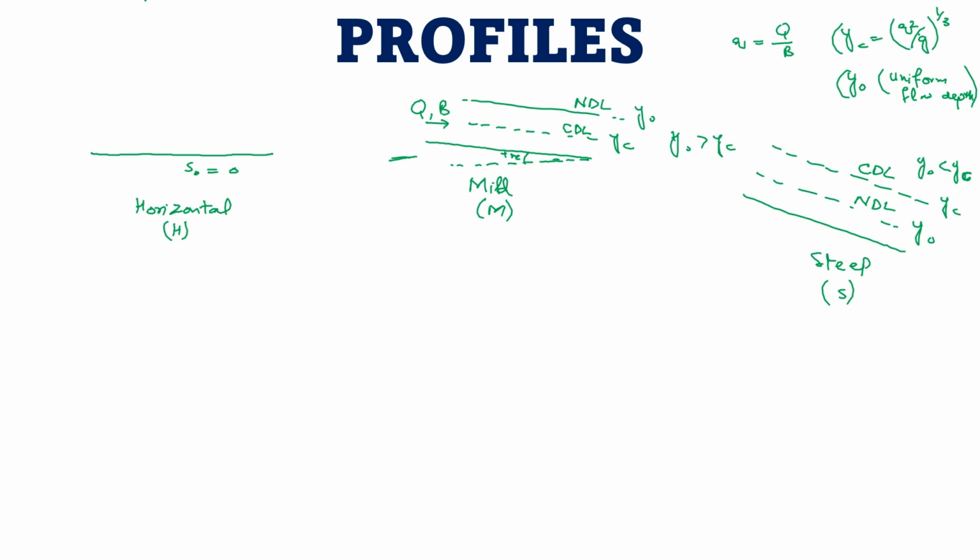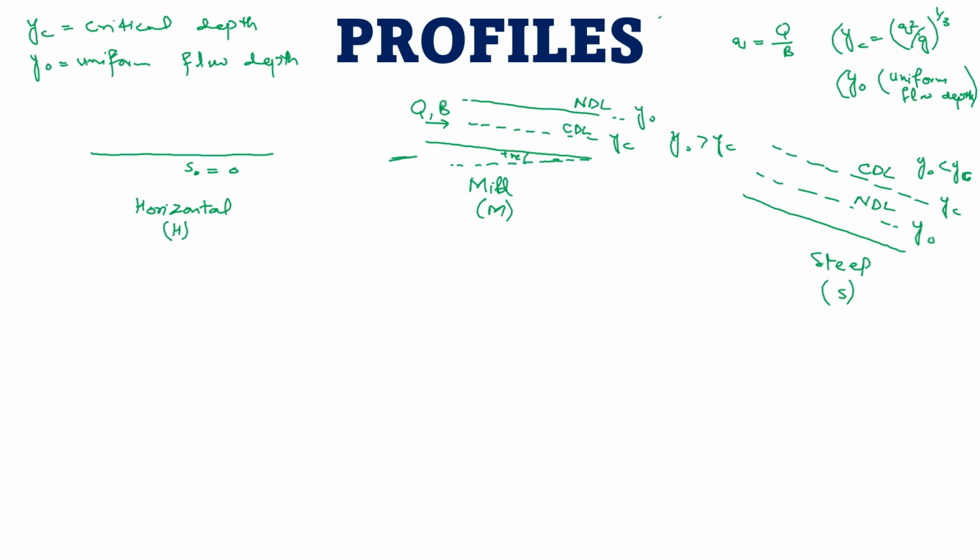And keep in mind that Yc is the critical depth, which is determined by the discharge, and Y naught is the uniform flow depth in a channel.